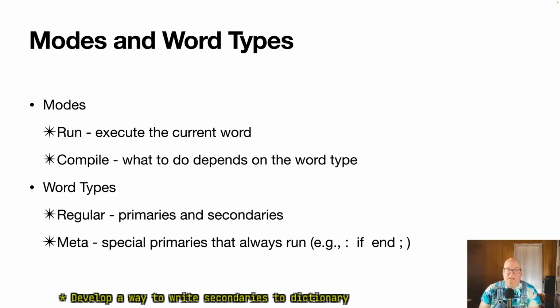Okay. Now, I think we have the code to evaluate an if. So it's a little tricky that the if that you put in there is not really the if that gets run when you run the method you're defining. So the if that you put in there, like if you say one dupe add and then if, you got the word if, that actually triggers a meta word that always runs, and it will capture the location and all that stuff.